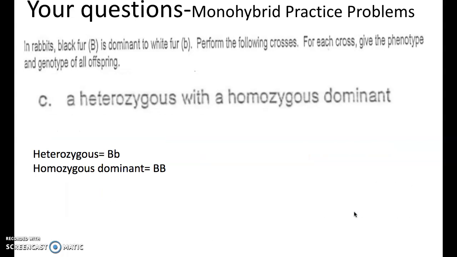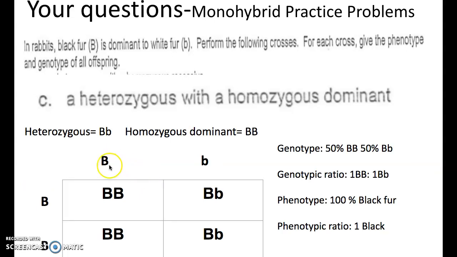If I'm looking at the third example, I'm looking at a heterozygous with a homozygous dominant. Again, my heterozygous parent stays the same. My homozygous dominant will have 2 capital letters. I will set up my Punnett square, parent 1, parent 2, distribute everything. If I'm looking at my unique genotypes, I have 2 that are big B, big B, versus 2 that are big B, little b. So percent-wise, that's 50-50.